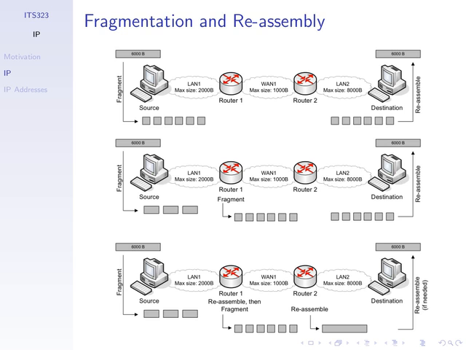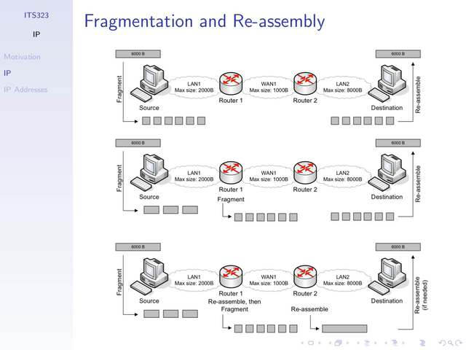The router reassembles, and we have 6,000 byte original data. Now consider this segment supports 1,000, so we have 6,000, we divide into 6 fragments of 1,000. Transmit them. Router 2 reassembles, we have 6,000.